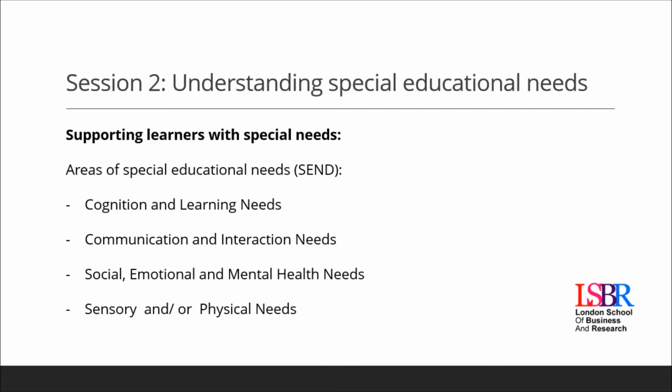Someone who may have cognition and learning needs could be someone who has been diagnosed, for instance, with autism. Communication and interaction needs could be if someone has a speech impairment, for instance, and that is an impairment that we should be catering to when we are preparing the curriculum.